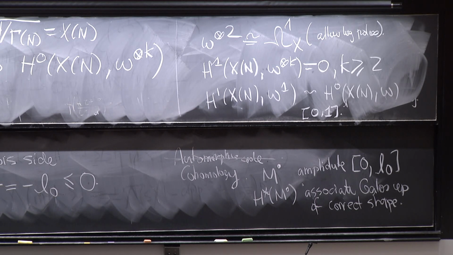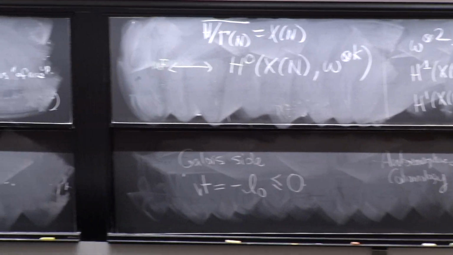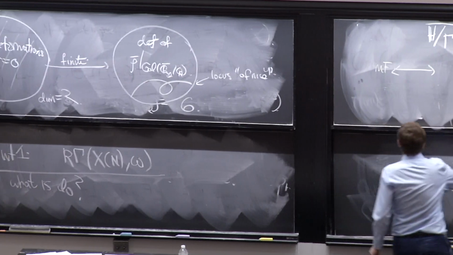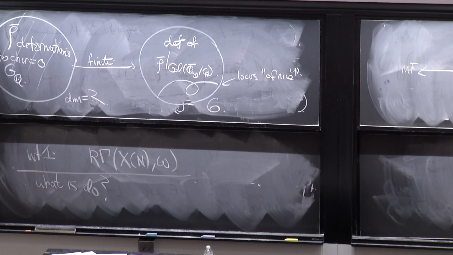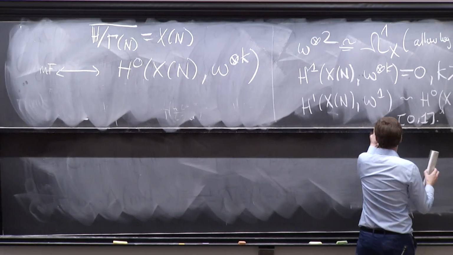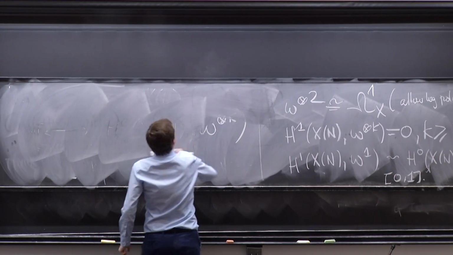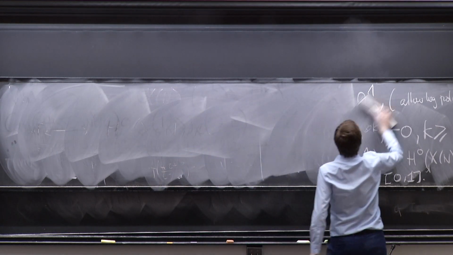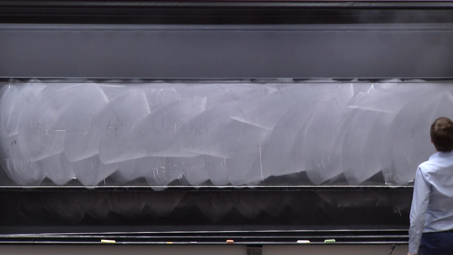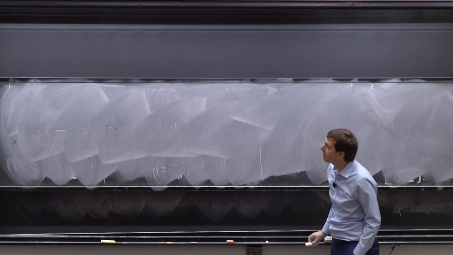So one question is what is L0? Let me just put ourselves in a situation in which that question makes sense. So we have to give ourselves a residual representation.